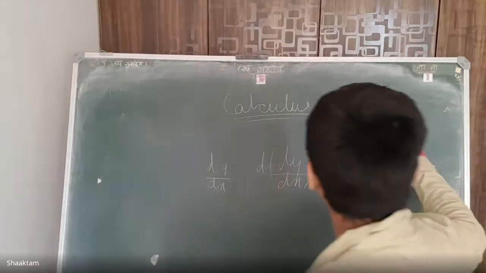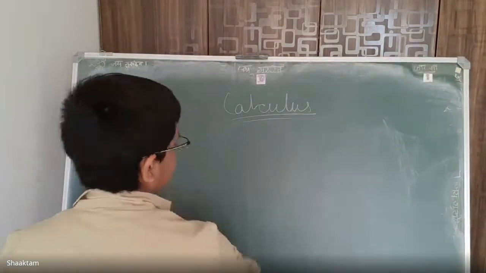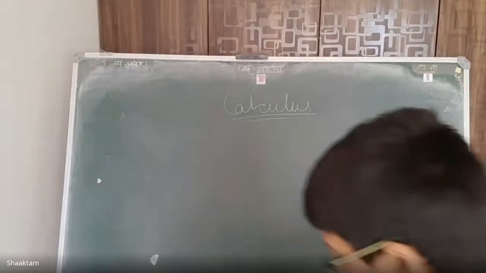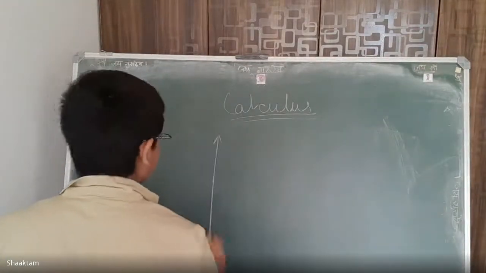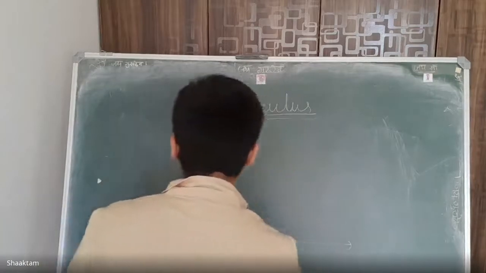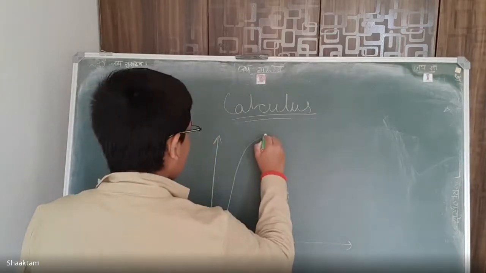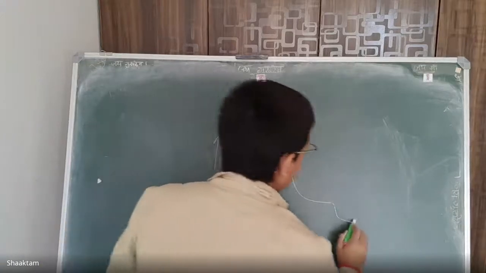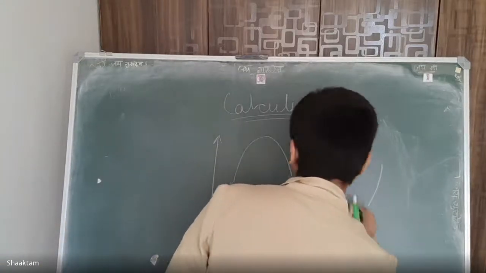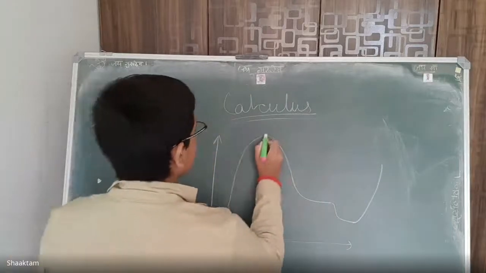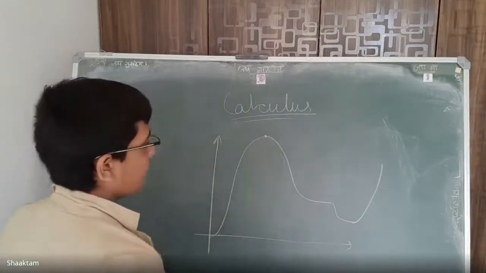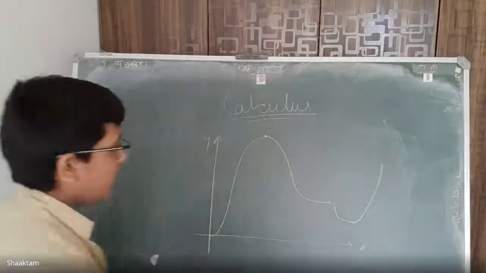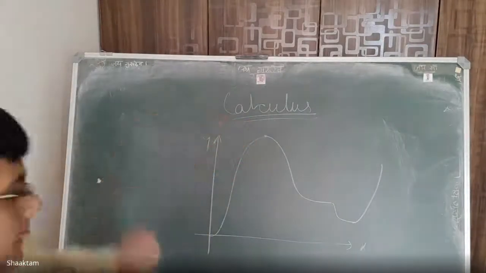Now what I do is, let me take another curve. Okay. So from here you can deduce that at this point, what if y and x are the quantities, then at this point it is maximum.